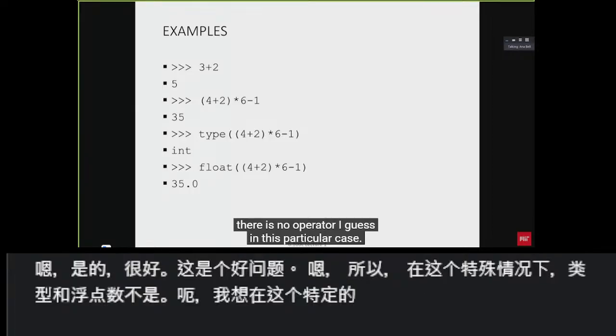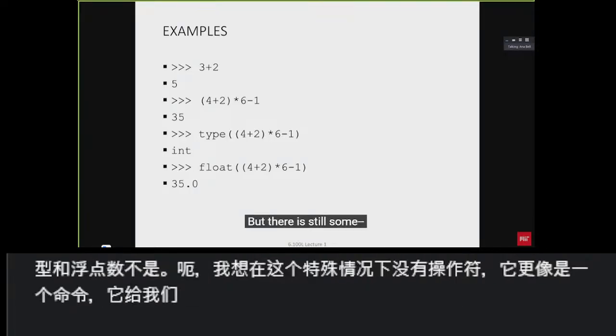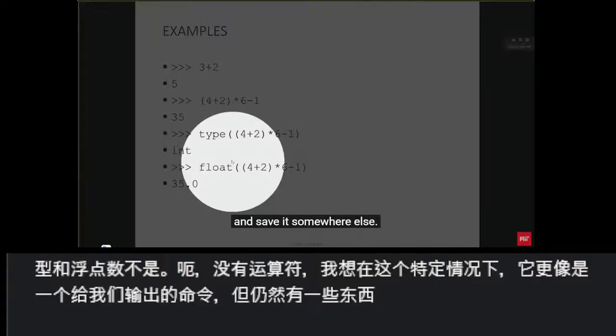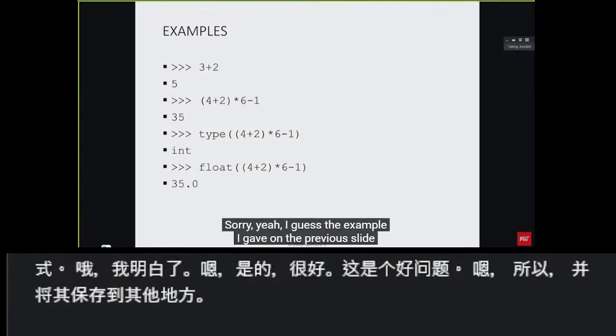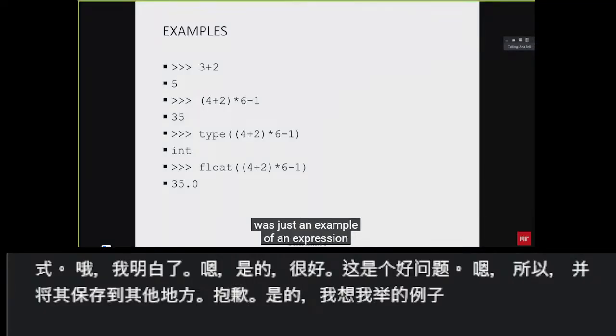It's more like a command that gives us an output, but there is still an output that it gives us. So we can then take the result of this and save it somewhere else. Sorry, yeah. I guess the example I gave on the previous slide was just an example of an expression where we could use object, operator, object.